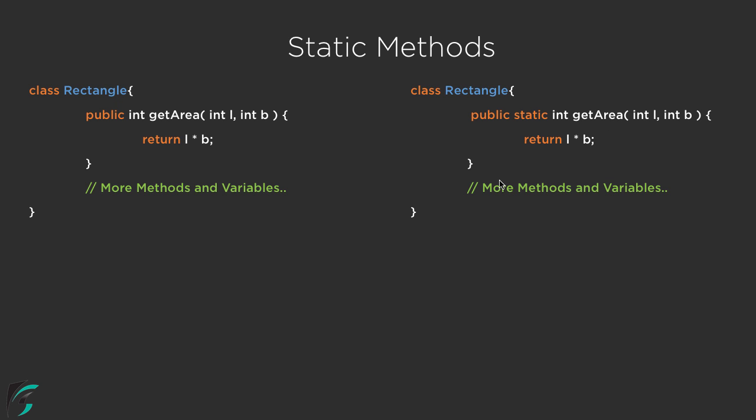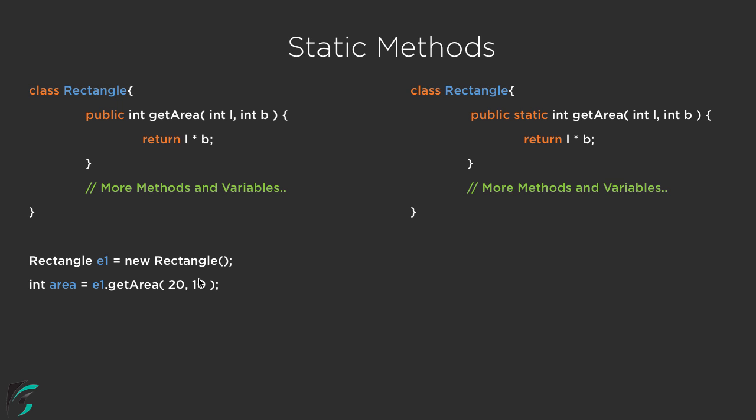Now coming to the left hand side, how can we get the area of a particular rectangle? For that, inside the main method, you will simply create the object of the Rectangle, even. And then you will simply call even.getArea, pass the length and breadth, and you will get in return the area of the rectangle. As simple as that. Use the object to access the method, get the area and store it inside the int area variable. Pretty simple.